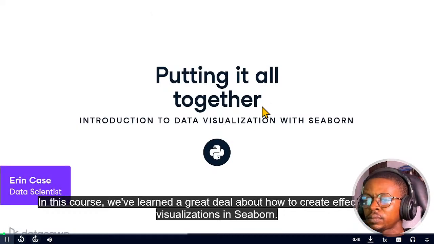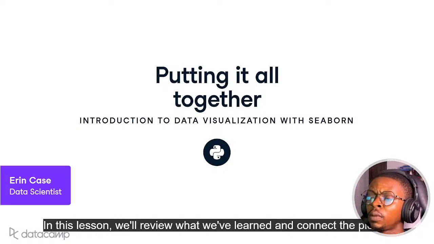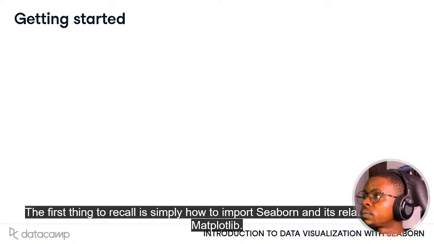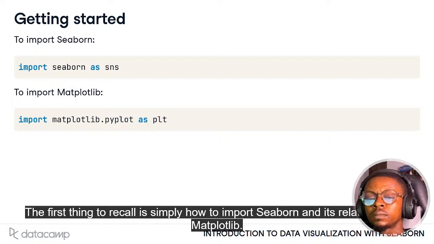In this course, we've learned a great deal about how to create effective data visualizations in Seaborn. In this lesson, we'll review what we've learned and connect the pieces together to form a cohesive picture of how to use Seaborn for future projects. The first thing to recall is simply how to import Seaborn and its related library, matplotlib.